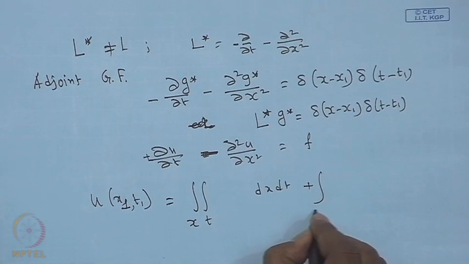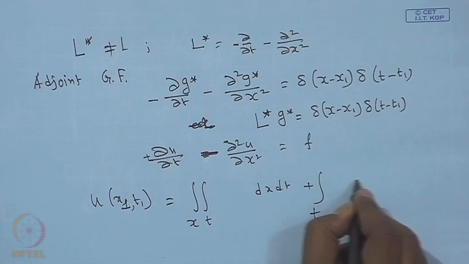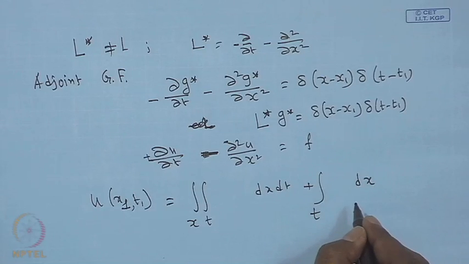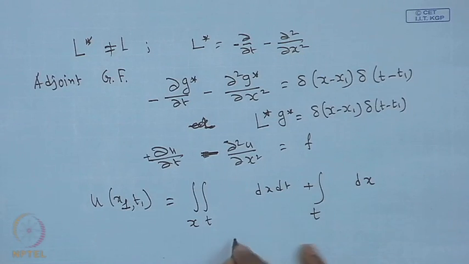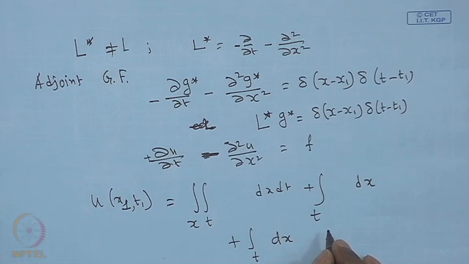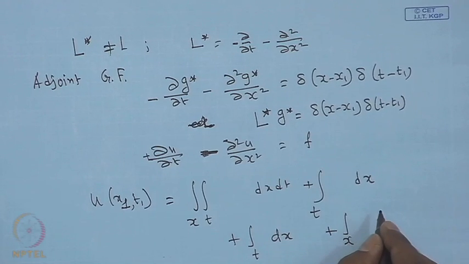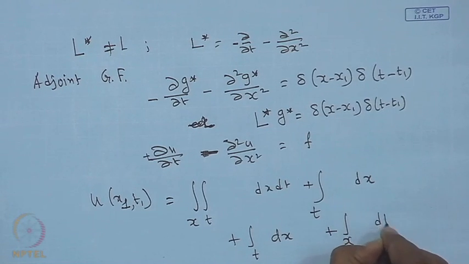Then there are terms for the non-homogeneity on the surface at x is equal to 0 and at x is equal to 1, and one more integral over space for the non-homogeneous term in the initial condition. So, there will be 4 such terms on the right hand side, corresponding to the 4 non-homogeneities in the governing equation, the boundary conditions and the initial condition.